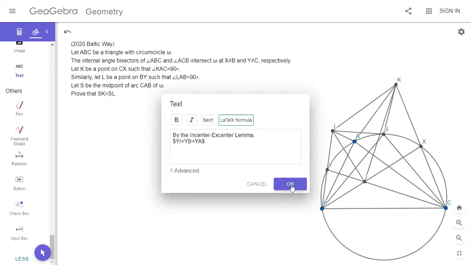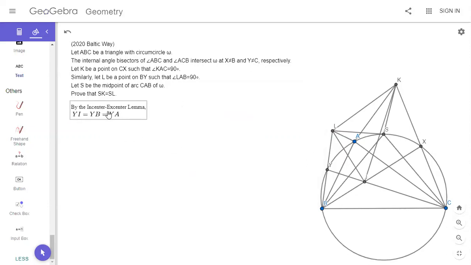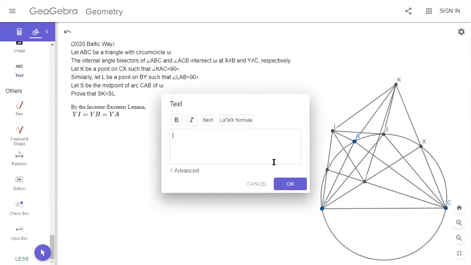And then since angle LIB is 90, that means that in fact Y is the circumcenter, or I'll just write it like this.